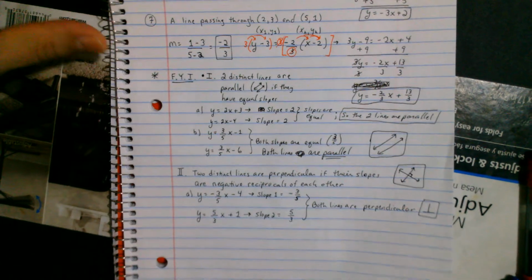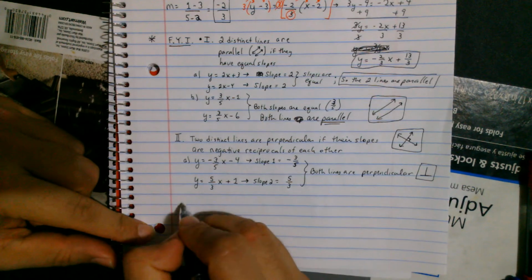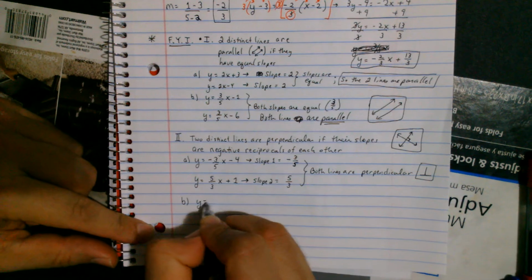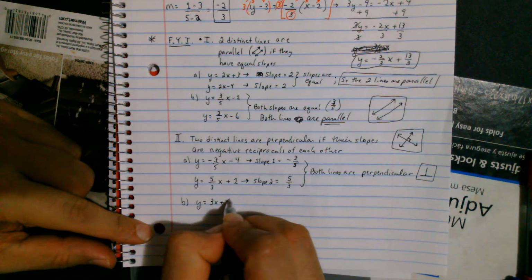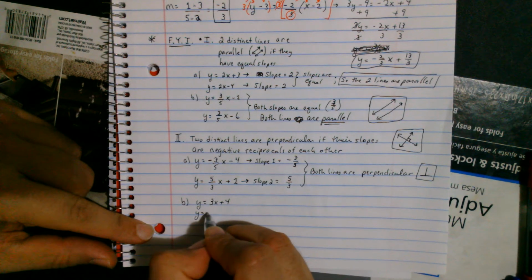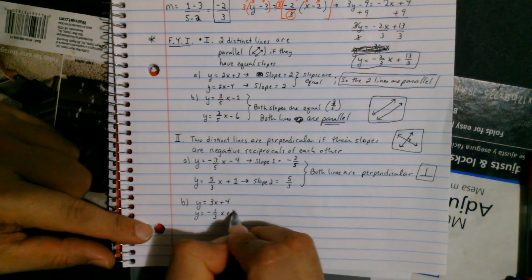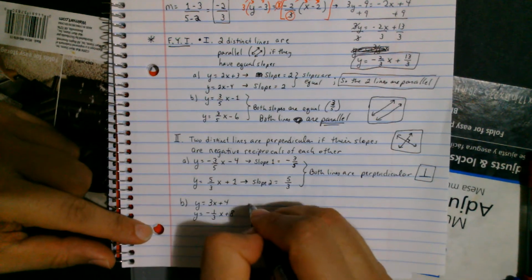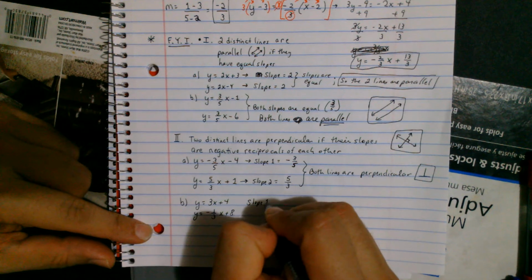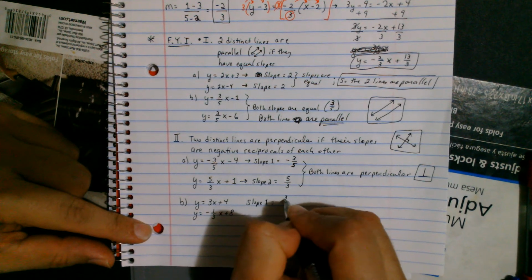And if I may, one last one here. Say y equals 3x plus 4. Y equals negative 1/3 x plus 8. Slope 1 is 3/1.